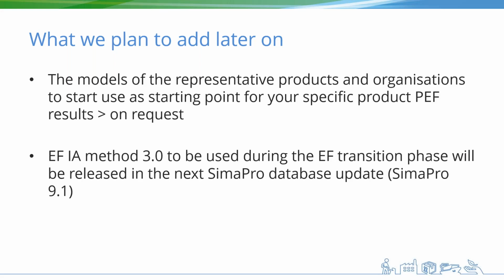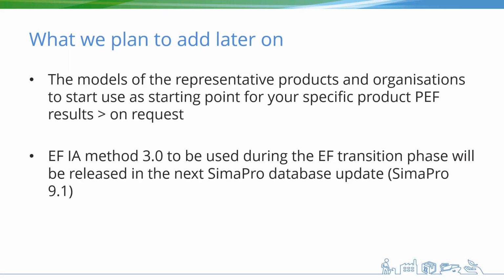So one thing that we want to do, but which we are not ready to do yet because the Commission hasn't released these, is to make the models of the representative products and organizations available. So you can use them as a starting point for your specific PEF results or EF results. If you are interested in this already, you can send us a request and we can see what we can do already now. But the idea is later on to make all of these available.